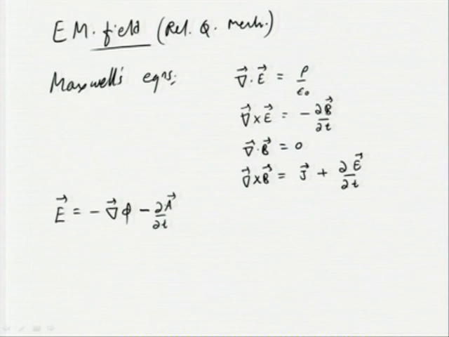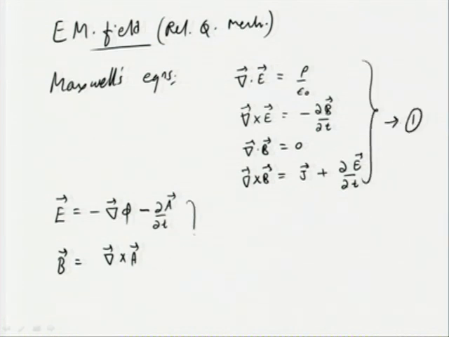So, the curl of this need not be 0, and B is equal to curl of the spatial component of the potential. Let me call this set of equations, the well known Maxwell's equations, equation 1, and the electric field and magnetic field expressed in terms of A and phi as equation 2.